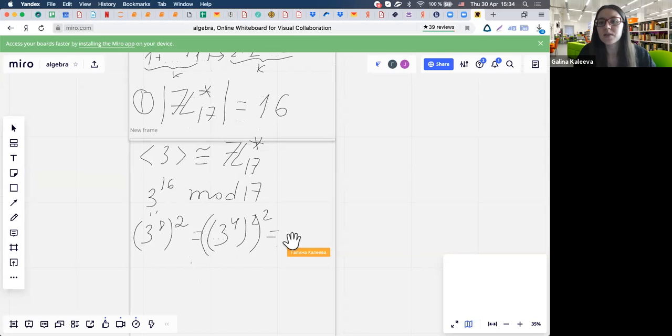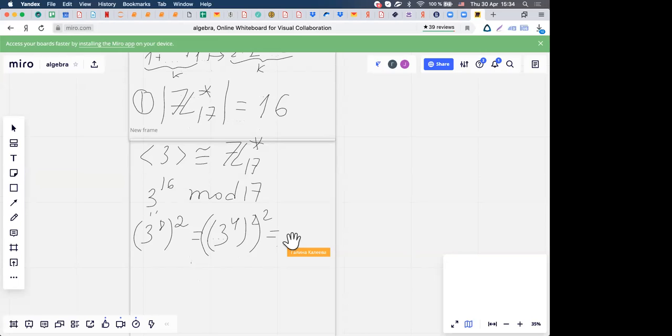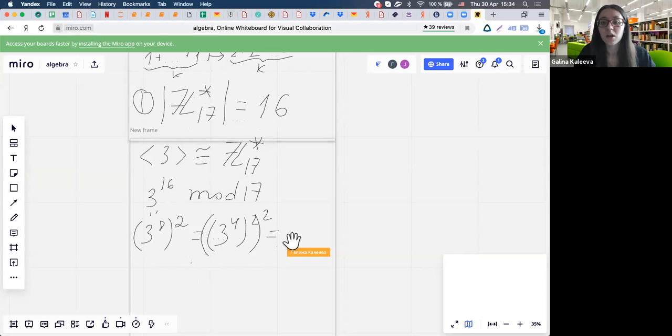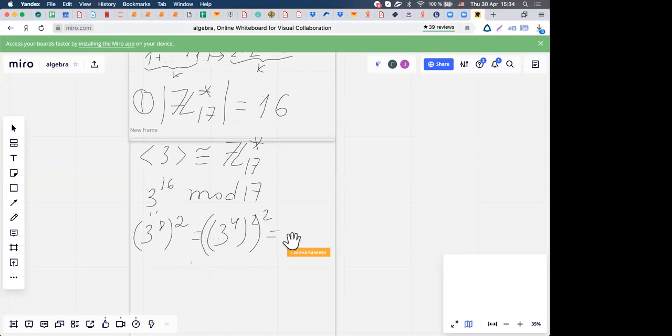All of them will be less than or equal to 17. So 17 is 0 modulo 17. But we also know this from the course of number theory in discrete math. Okay, great. And we can consider, for example, 3 in second power modulo 17 is 9 modulo 17.